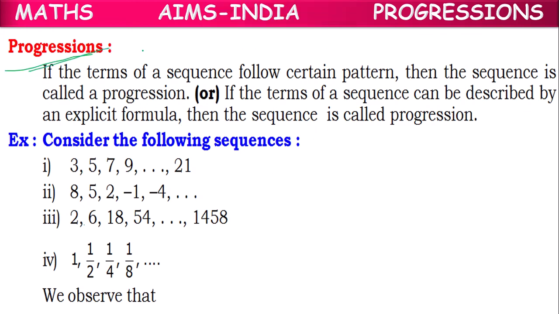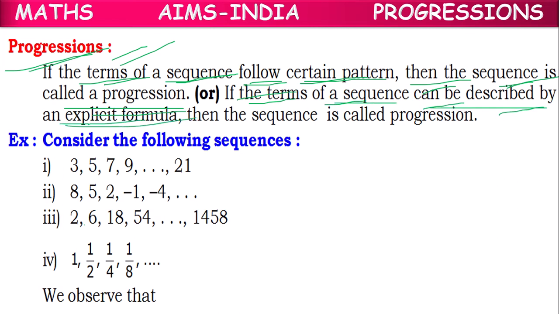Next we have progressions. If the terms of sequence follow a certain pattern, then the sequence is called a progression. If the terms of sequence can be described by an explicit formula, by a definite formula, then that sequence is called a progression.